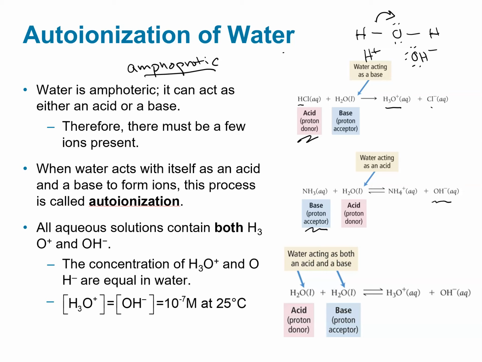So in this case, we've got acid, and acid, base, and base. Now, water can act as both acid and base simultaneously, reacting with itself. And what I drew up here with it spontaneously dissociating is essentially what we're seeing here with water and water in equilibrium will form both hydronium and hydroxide.